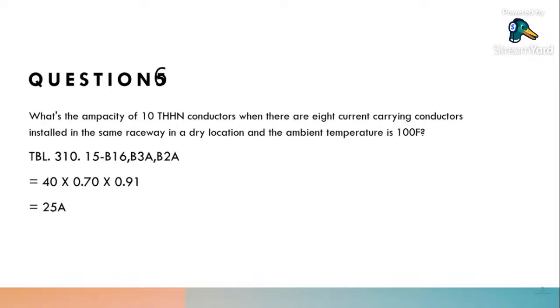All right, so this one, all we need to do is to find the value of a 10 THHN conductor, the value for 8 conductors within a raceway, and the temperature adjustment for the ambient of 100 degrees Fahrenheit.